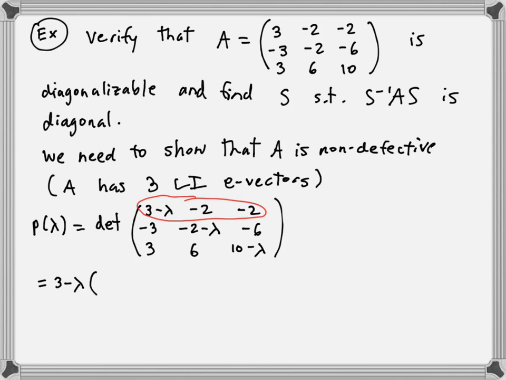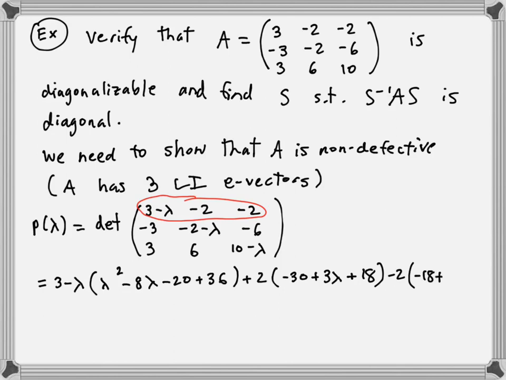We get lambda squared minus 8 lambda minus 20, and then plus 36, and then plus 2 times -30 plus 3 lambda plus 18, and then minus 2 times -18 plus 6 plus 3 lambda.